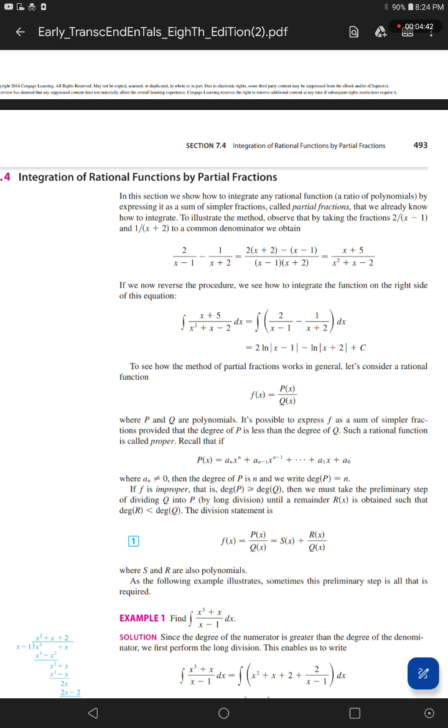As the following example illustrates, sometimes this preliminary step is all that is required.